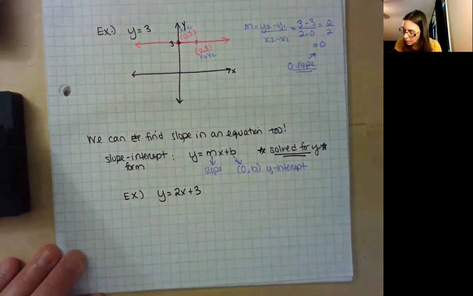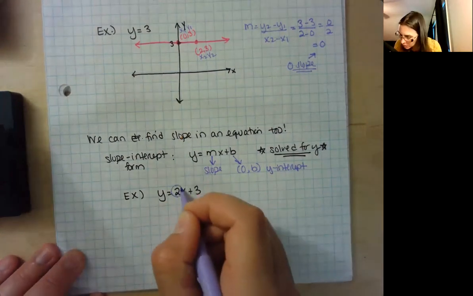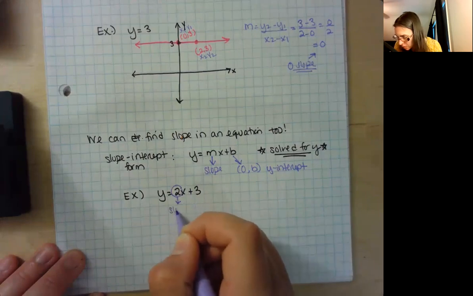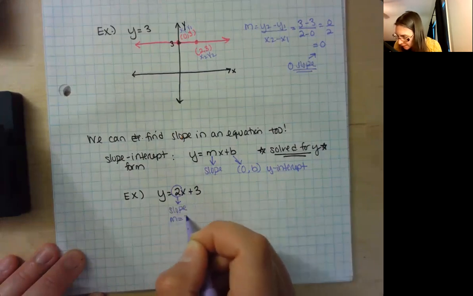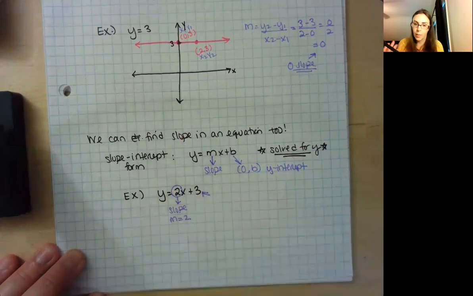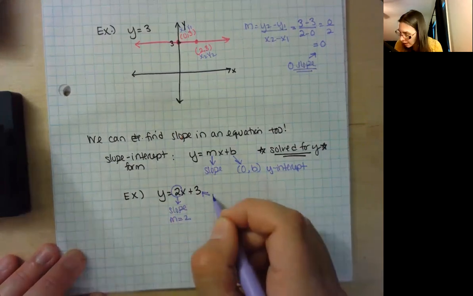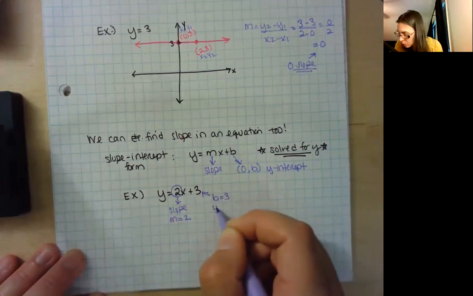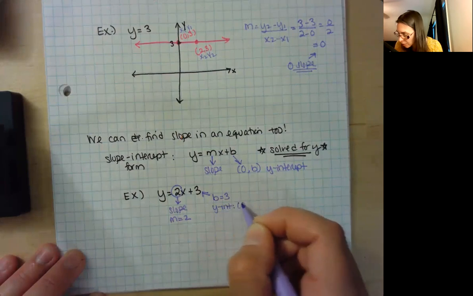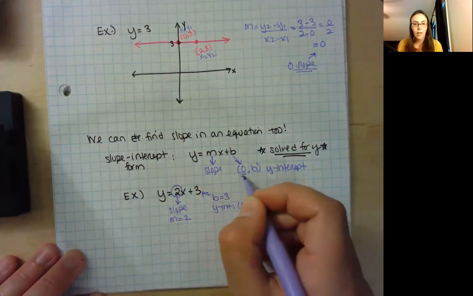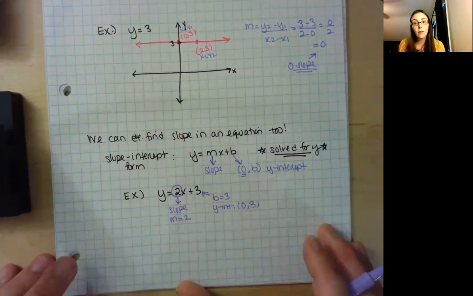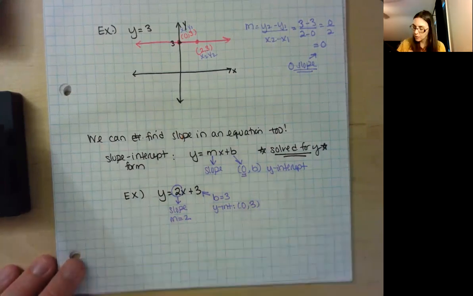But you can see right here, the number with the x is your slope. So our slope is 2. And then the other cool thing, I know we're doing slope right now, but this 3, so your b value is 3 here. That means your y-intercept is (0, 3). So again, this is always 0. So I actually get a lot of cool information right away from my examples.